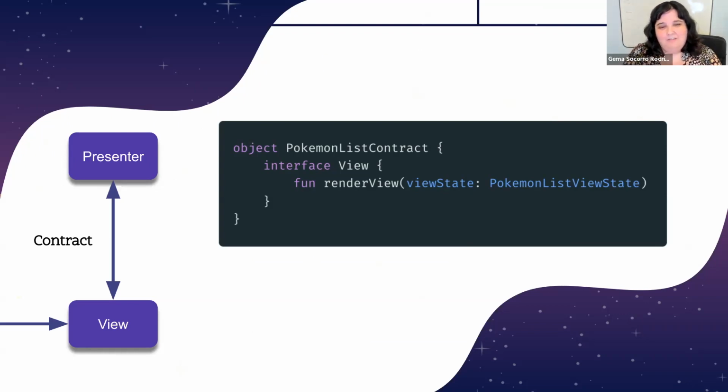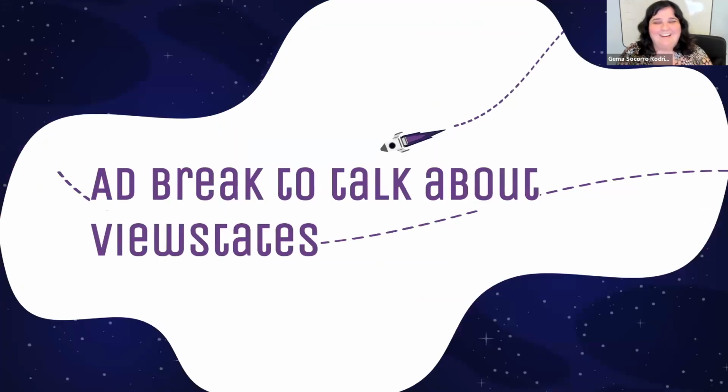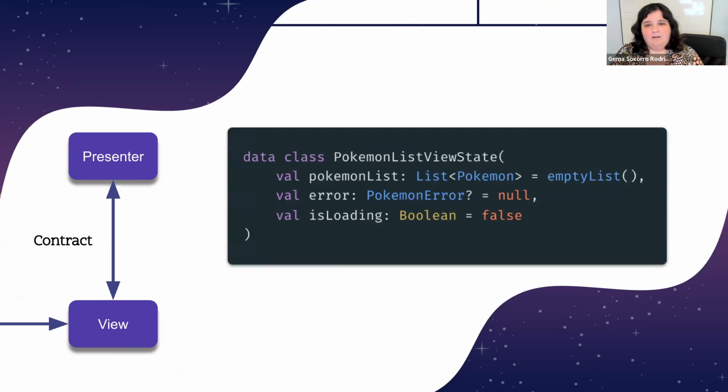And here I'm going to do an ad break, to talk about view state, because they are pretty important and we are going to be talking about them in all the presentation patterns. Okay, so a view state is an object that is going to represent the state of the view, as its name says.